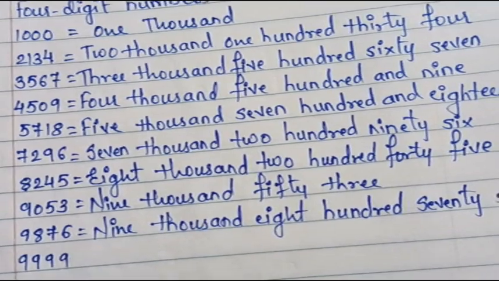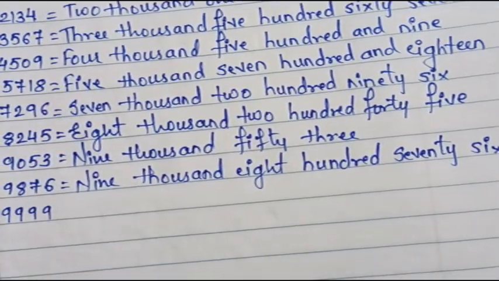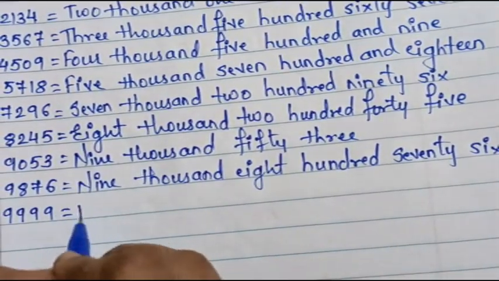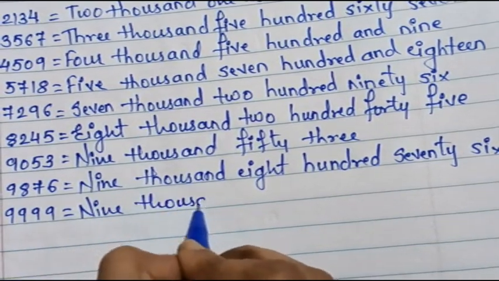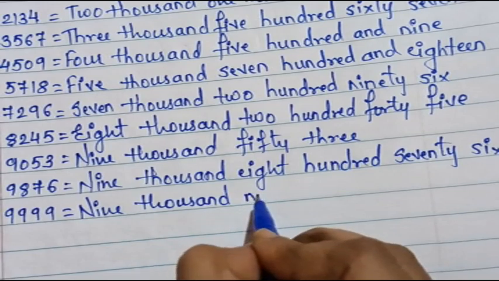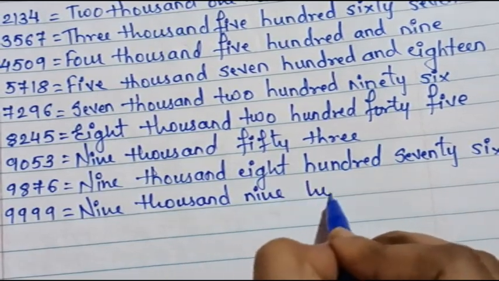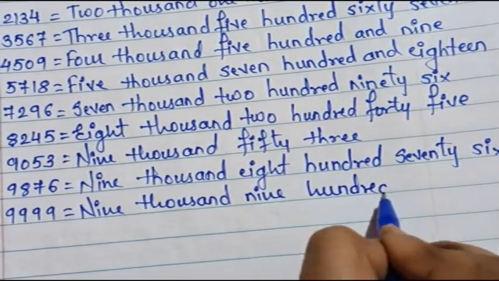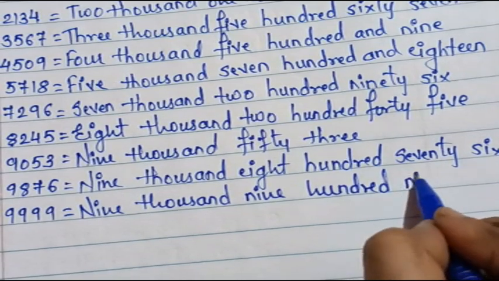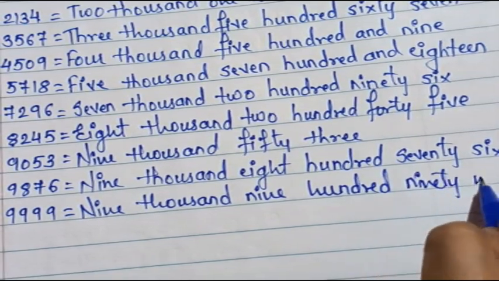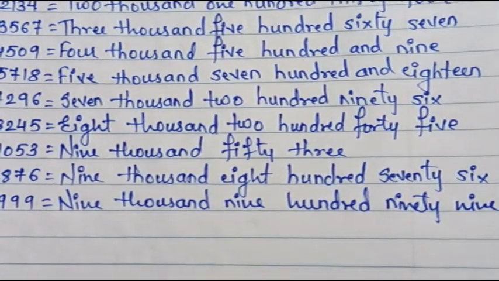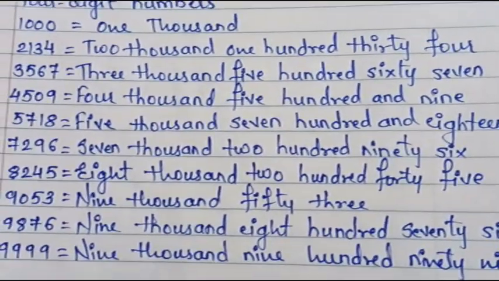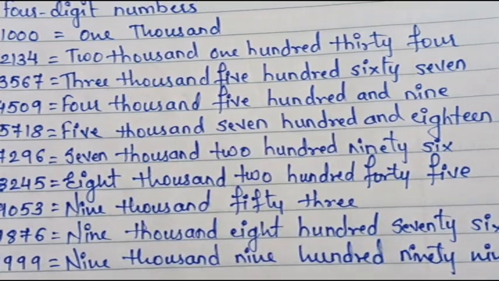Okay, the last one is 9999. Okay, 9999. So students, in this way you are supposed to write the 4-digit numbers.